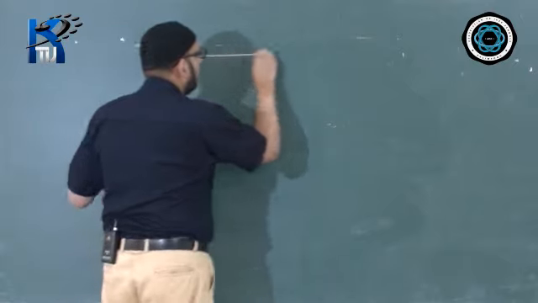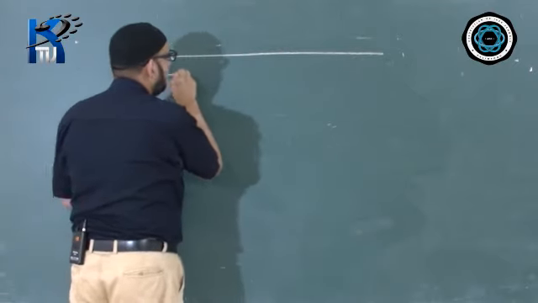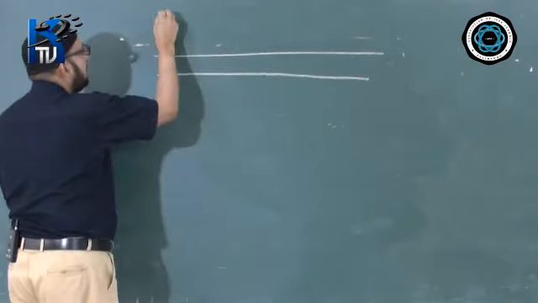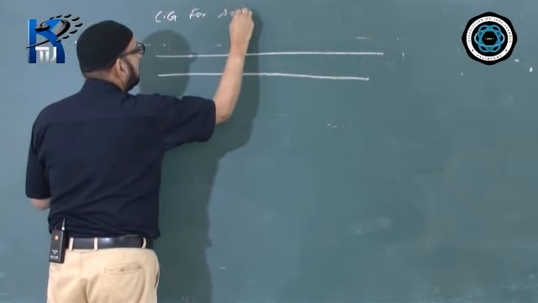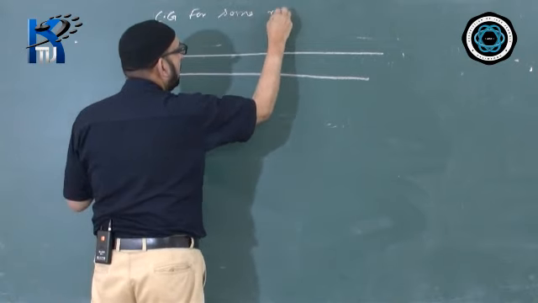So I will be making a table. That means CG for some regular bodies.